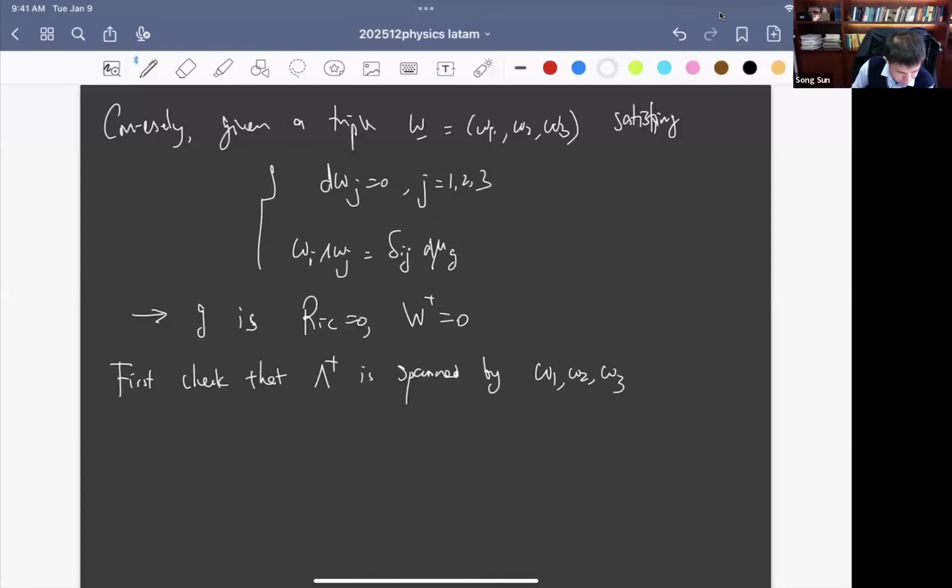This uses the fact that from omega 1, omega 2, omega 3, we can define a new metric. So how do we do this? This is because at each point, we can make a omega 1, omega 2, omega 3.